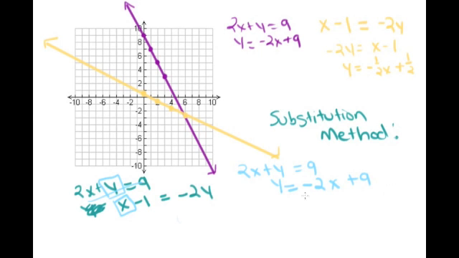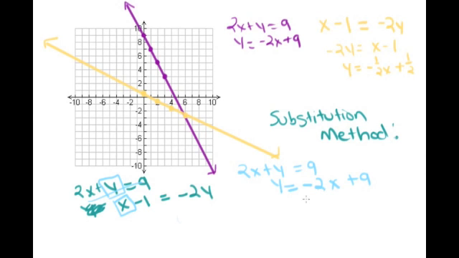Since you're isolating, if you had a coefficient of negative 2, for instance, you would eventually have to divide by that negative 2, and you might end up with fractions, and fractions are hard to deal with. So you would want to choose a coefficient of 1 or negative 1 because dividing by negative 1 is easy. You just change the sign.